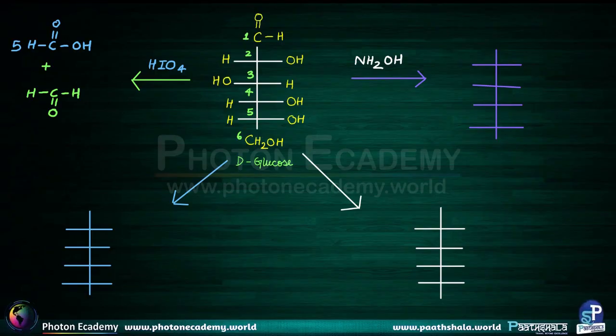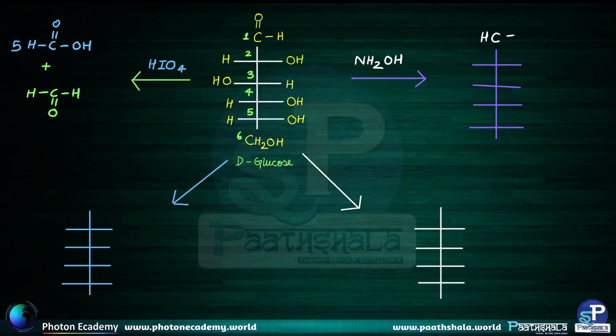If we see here, this C already has an H over here. The double bond O is removed, and in place of this O we get an NOH from this hydroxylamine.